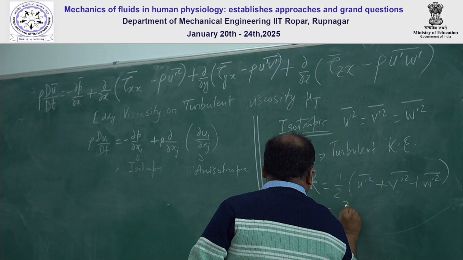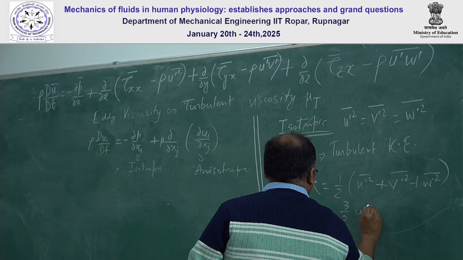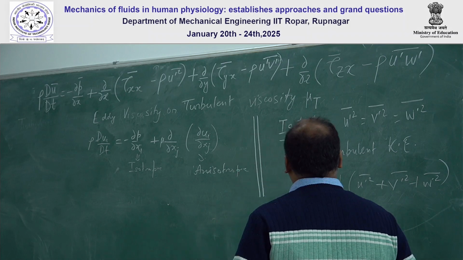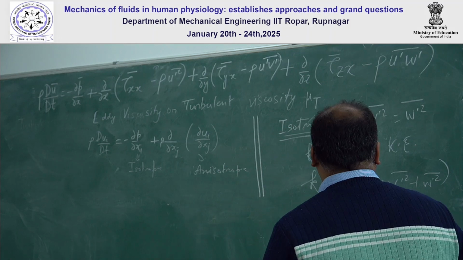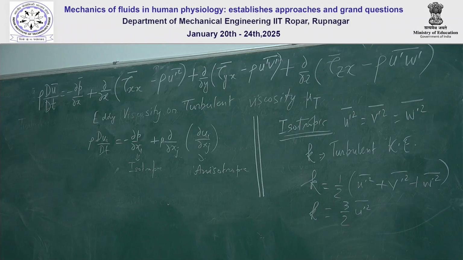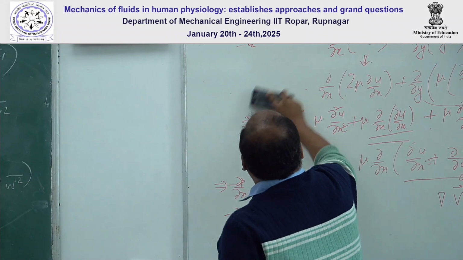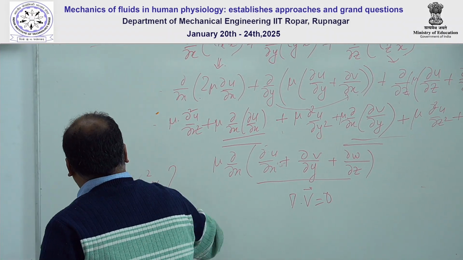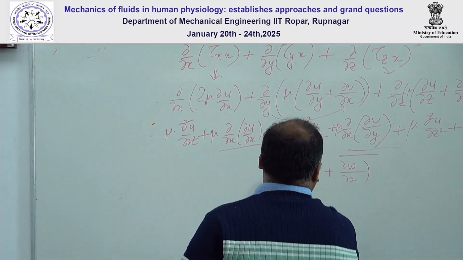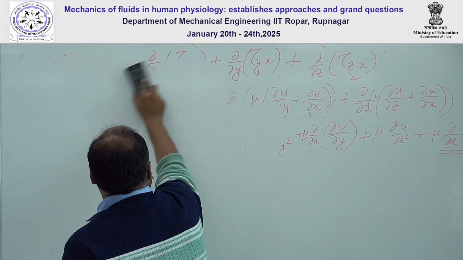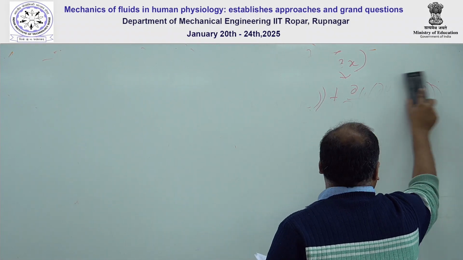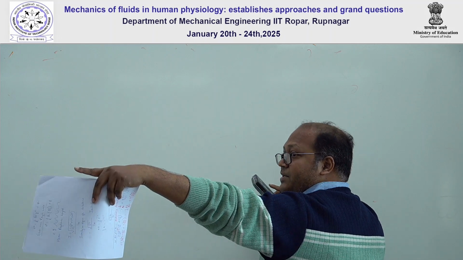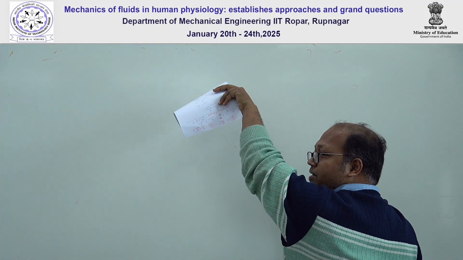So we can write 3 by 2 u dash square. So this we can write as k for the isotropic conditions. So you can see this part, right? Yes, no problem.